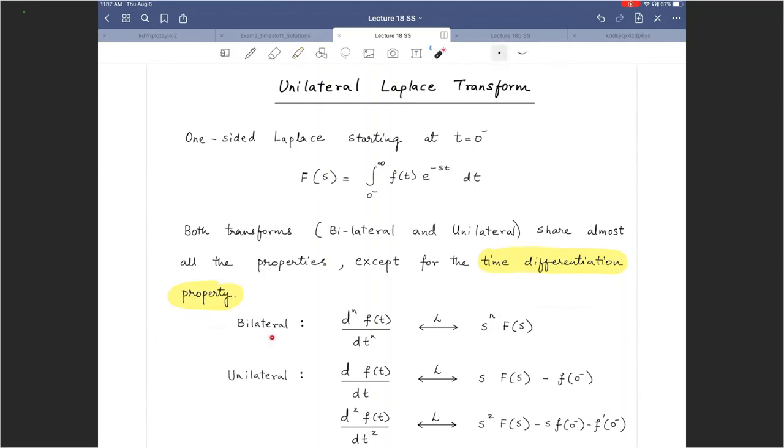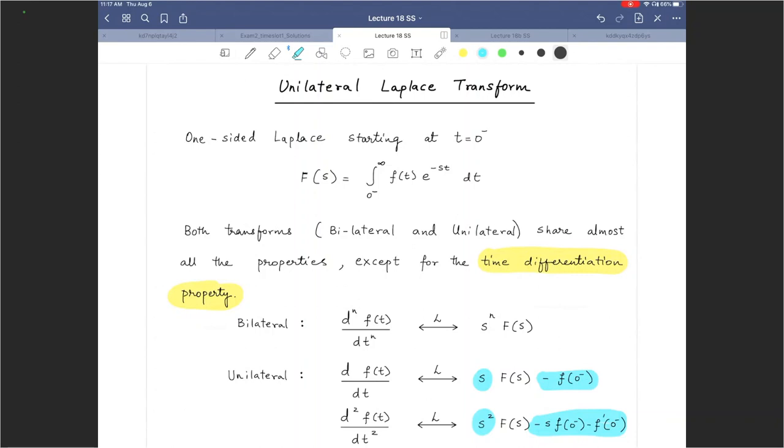For the bilateral transform, as soon as you differentiate in the time domain, you multiply by an s in the Laplace domain. The more you differentiate in time, the more you keep multiplying by increasing powers of s. However, for a unilateral Laplace transform, every time you differentiate, you not only increase the power of s, but you also include the initial state and the derivatives of the initial state evaluated at 0 minus, at the time just before 0.